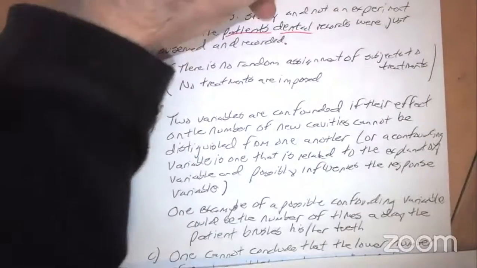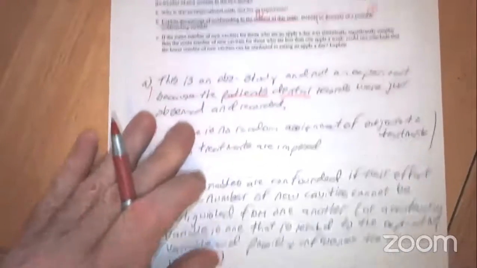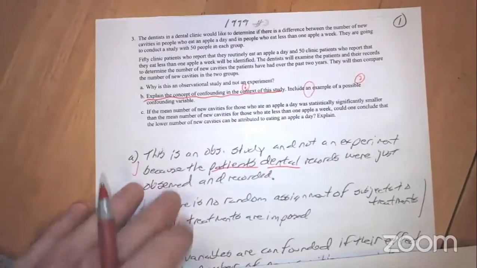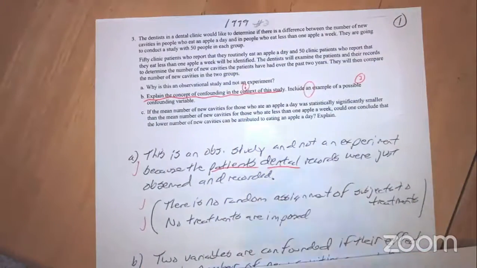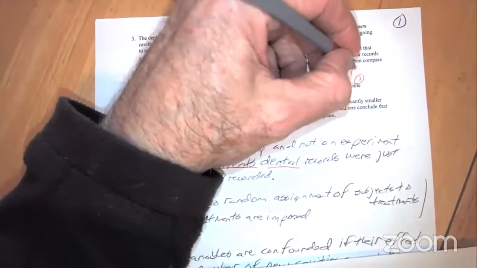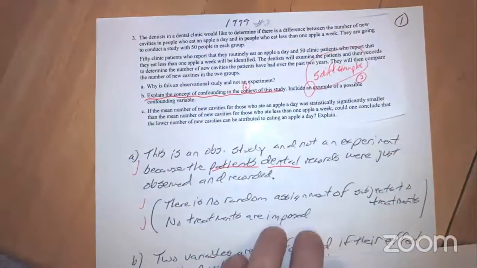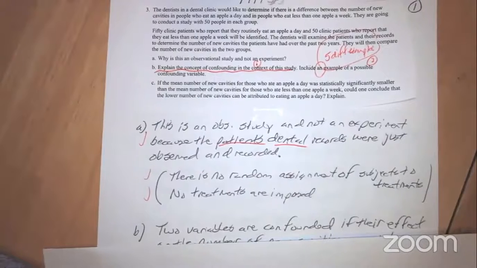So include an example. So I need one example, okay? There's many different rules at the reading. When we ask for one example, we want one example. If students give us 5 different examples, we actually read all 5 and we pick their worst answer. That may not seem fair, but we actually pick their worst answer.